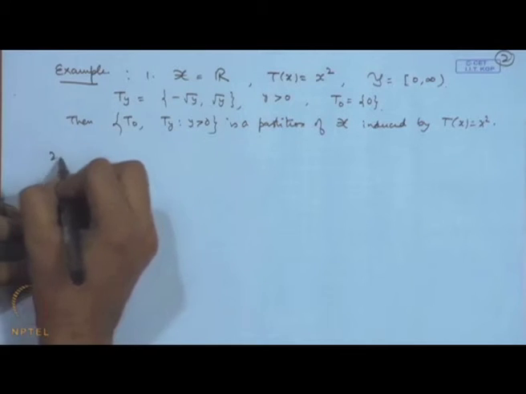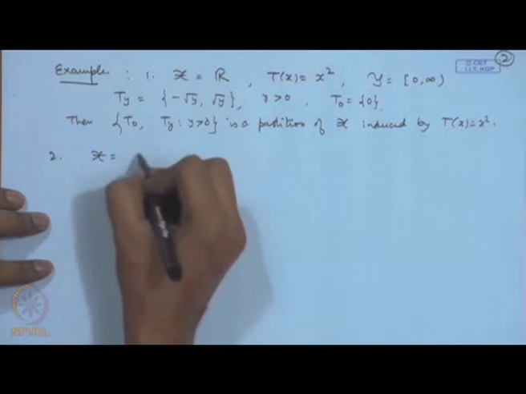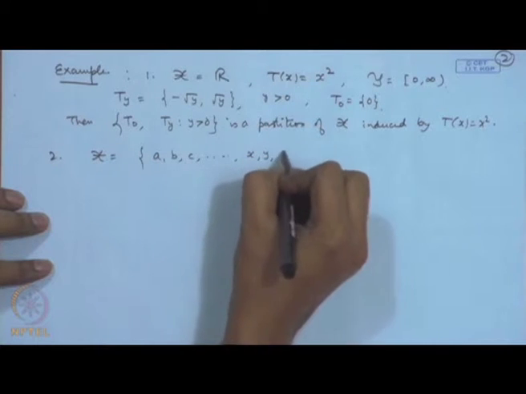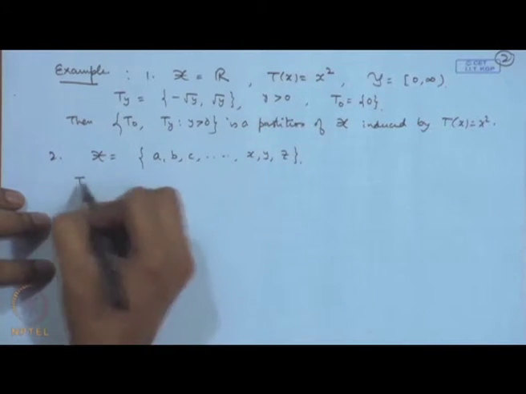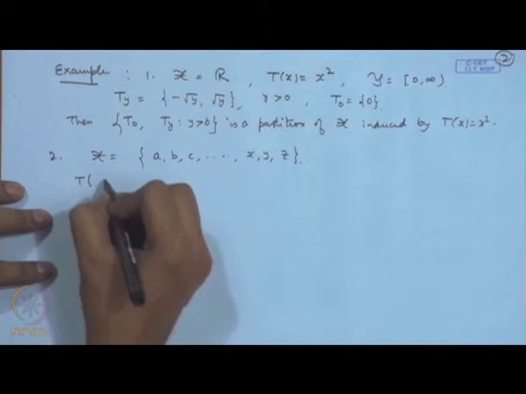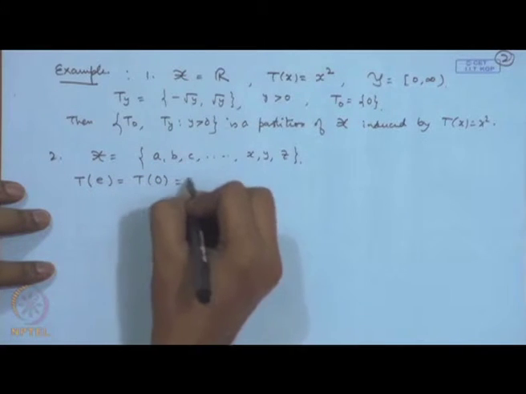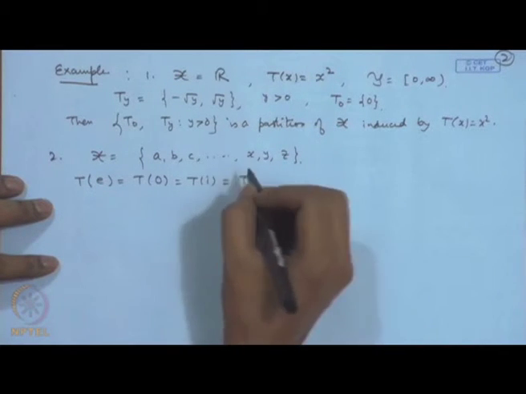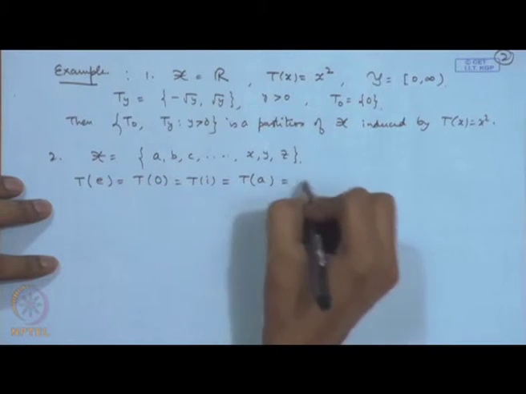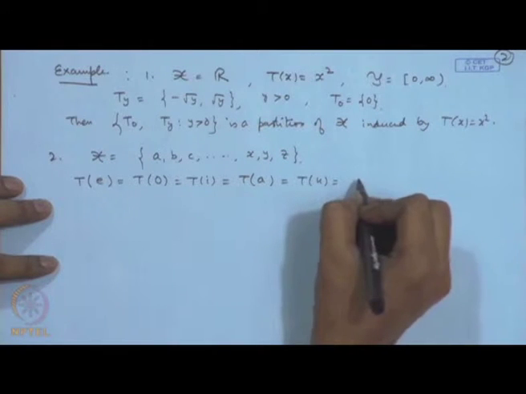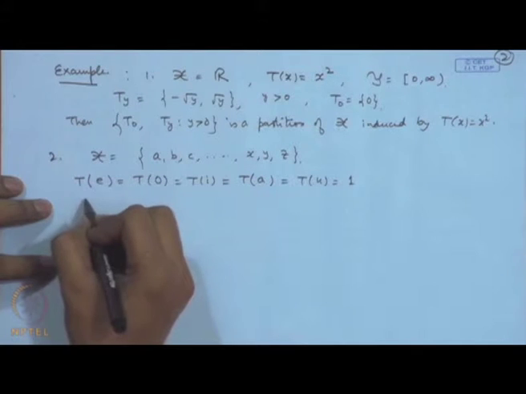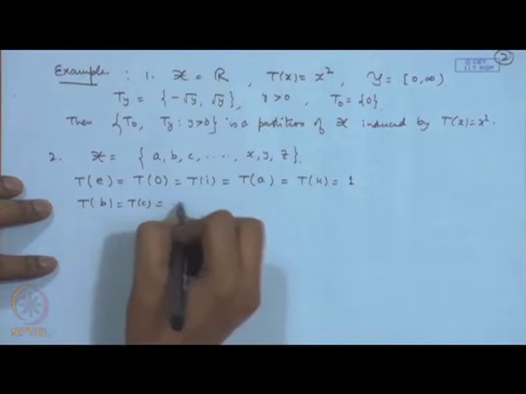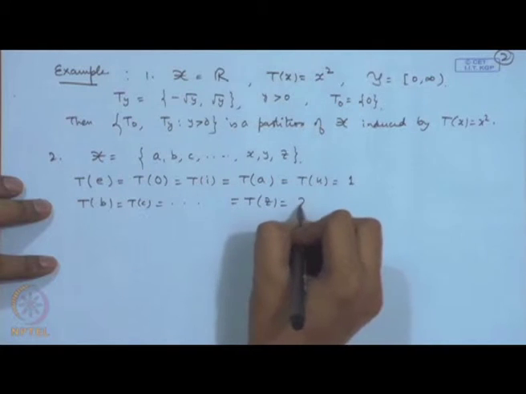Let me give another example. Suppose I consider X to be the set of alphabets A, B, C, D and so on up to X, Y, Z. Then I define T of E, T of O, T of I, T of A, T of U equal to, for example, 1, and T of the remaining characters like B, C and so on up to Z equal to 2.